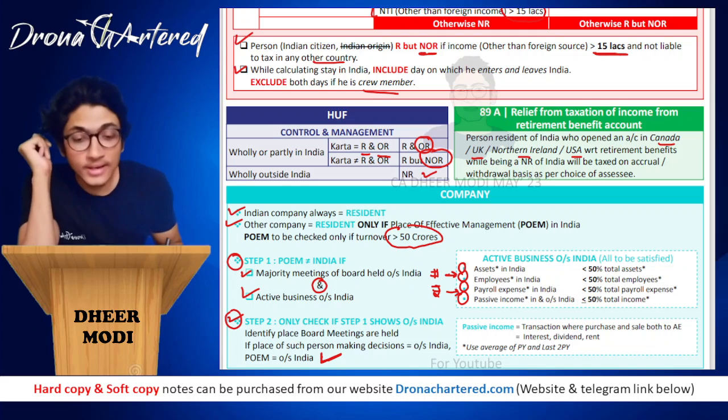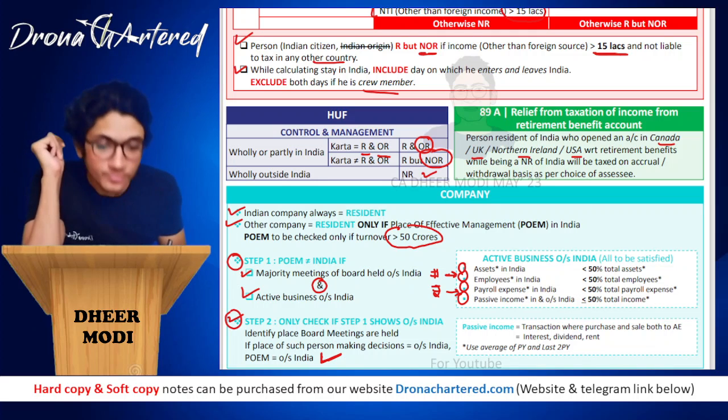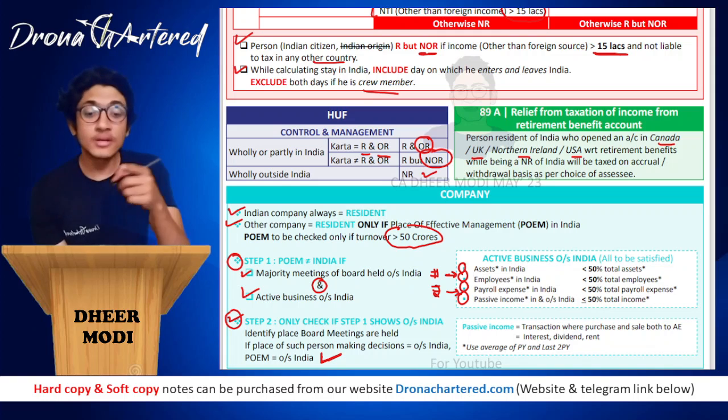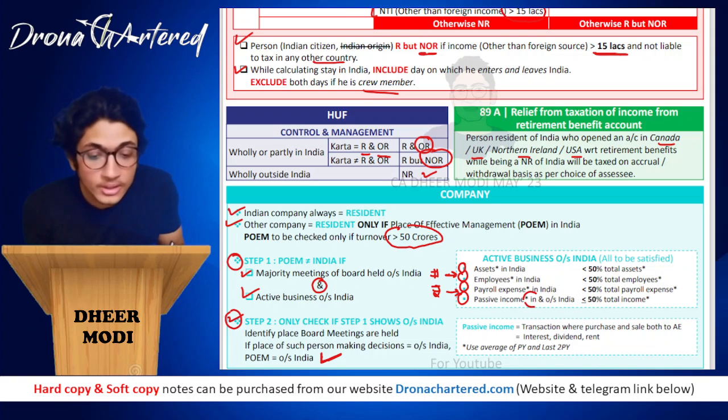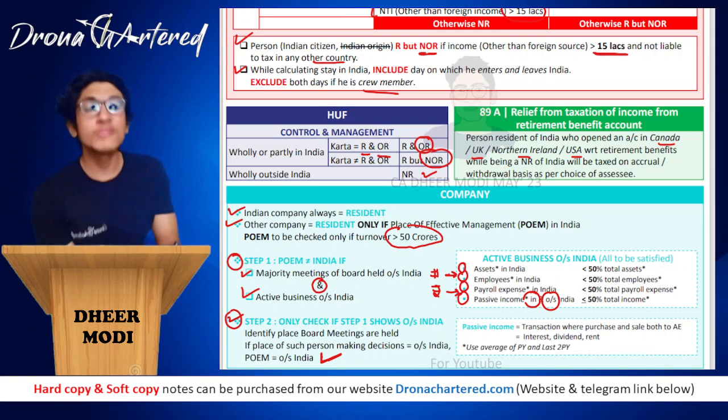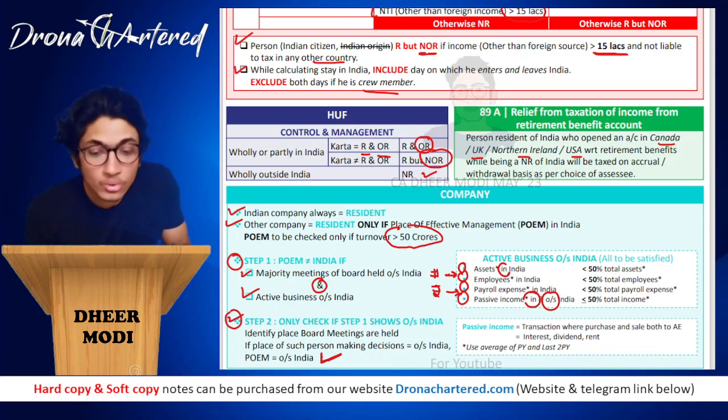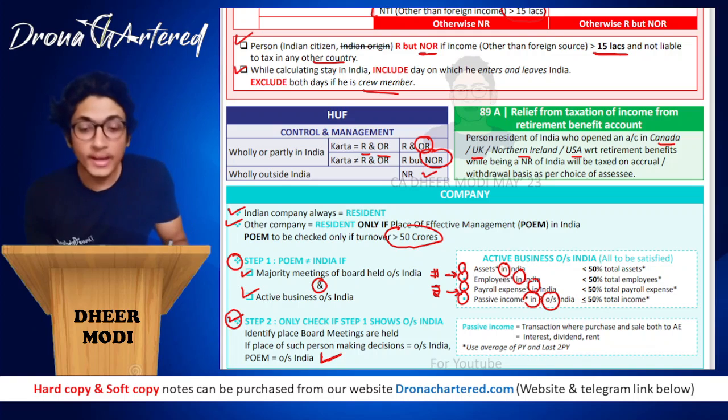And last is your passive income. Passive income in and outside India. For the purpose of passive income, if you see over here, it is both in and outside, both of them are included. Over here it is only in. So what you have to remember for passive income is that it breaks two rules.